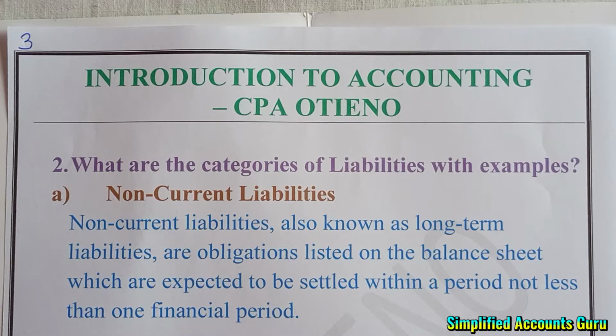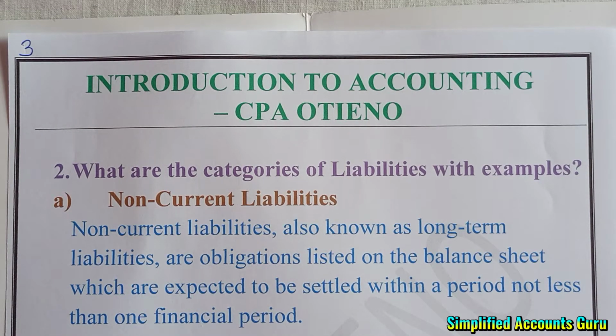Back to our lesson. Now we have the second question: what are the categories of liabilities, with examples? Just like we categorized the assets, we can also categorize the liabilities. The first category is non-current liabilities.